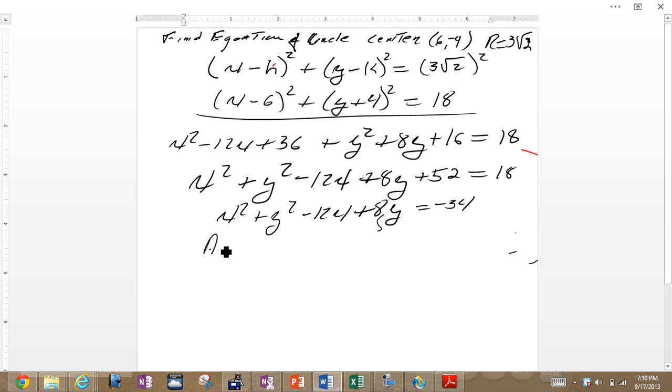It's ax squared plus by squared plus cx plus dy is equal to e. So this is the expanded form for a circle, and in that form, it's by no means easy to identify the center and the radius. So we have to look at developing some tools to deal with that.